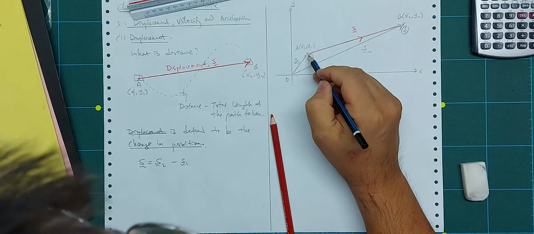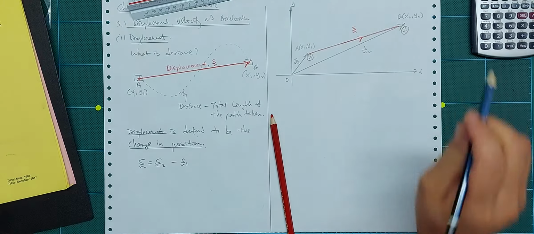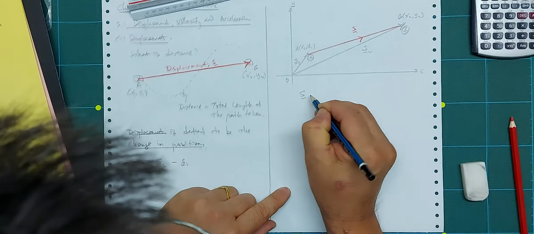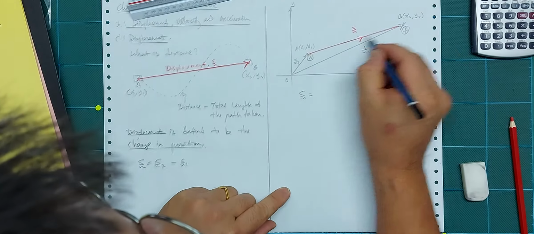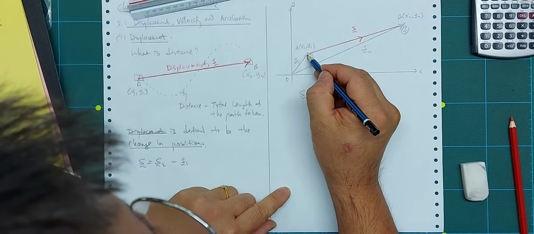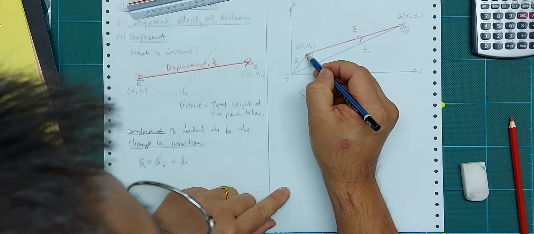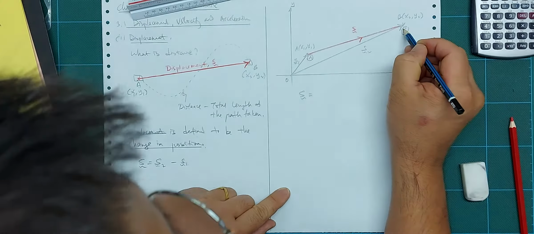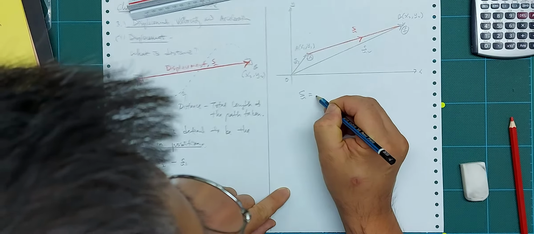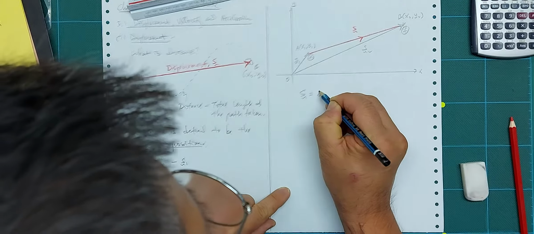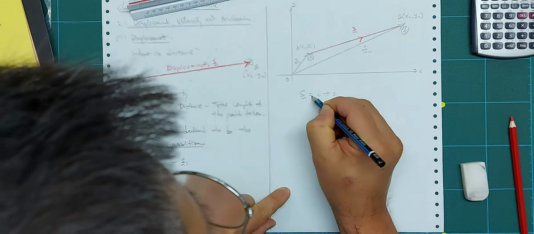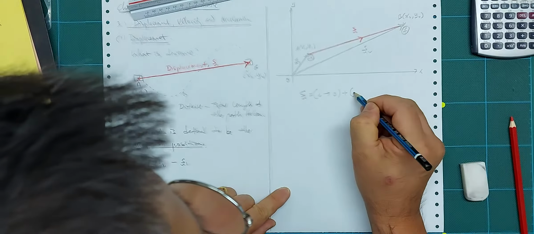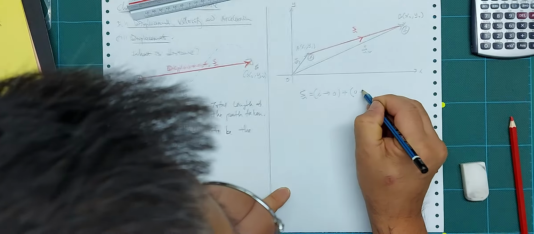So to move from initial point to final point, we are using this S here. There is another method. You can move from I, go to origin, and from origin go to F.